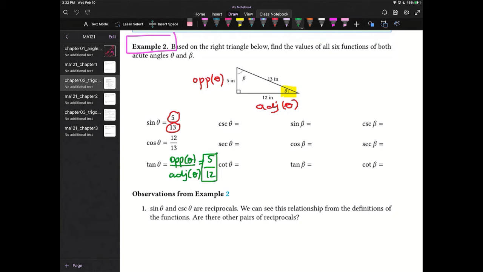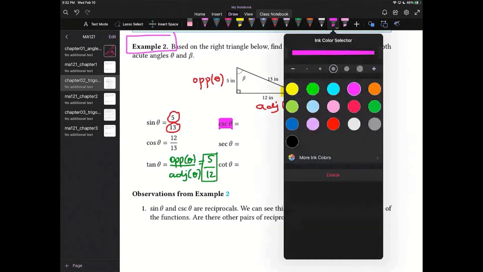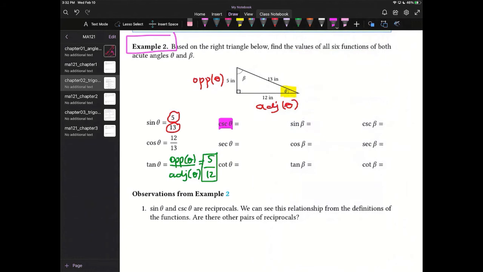Cosecant, which is the first function highlighted right here, is the reciprocal of sine. So if sine is opposite over hypotenuse, cosecant, I want a green color, is the reciprocal, which is hypotenuse over opposite.